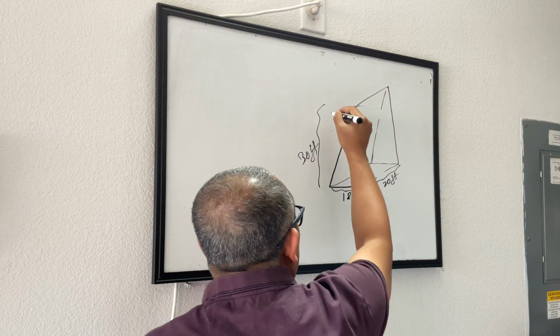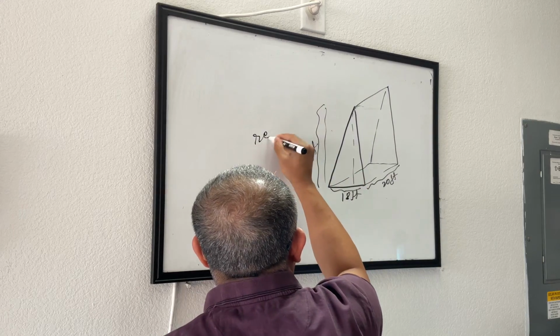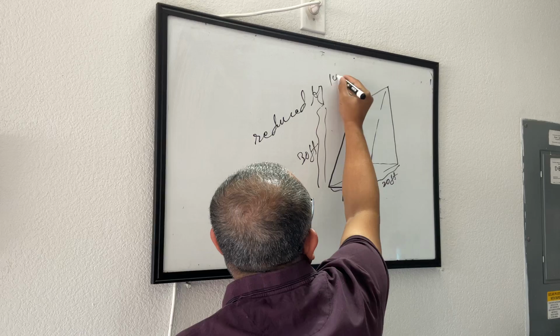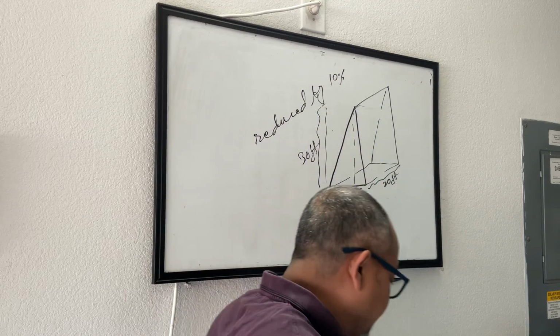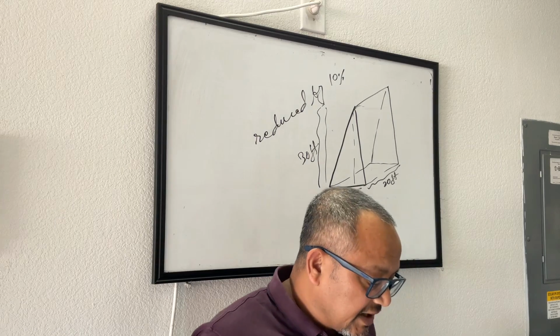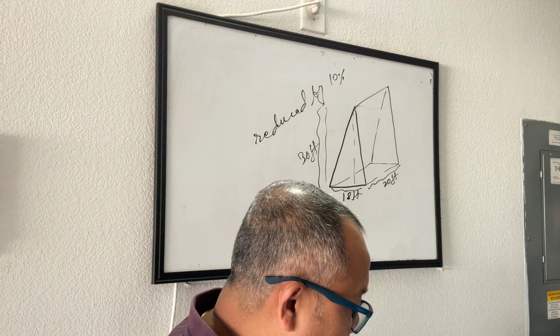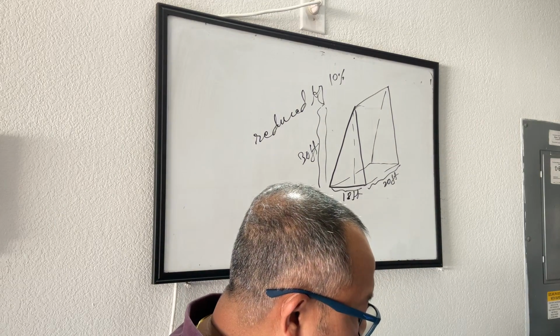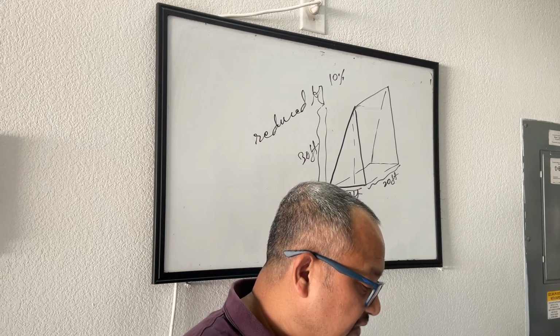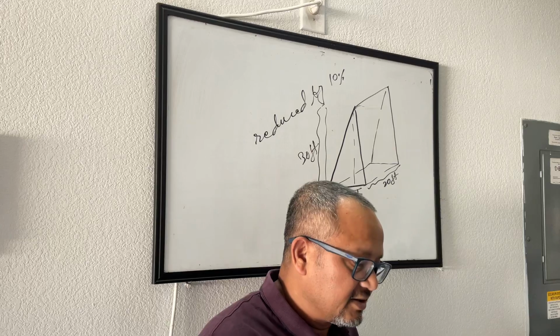So height, whatever it is, should be reduced by 10%. That's the recommendation coming from the local building department. If the architect creates a second scale drawing where the townhouse height is reduced by 10%, what will be the new proposed internal volume in cubic feet?